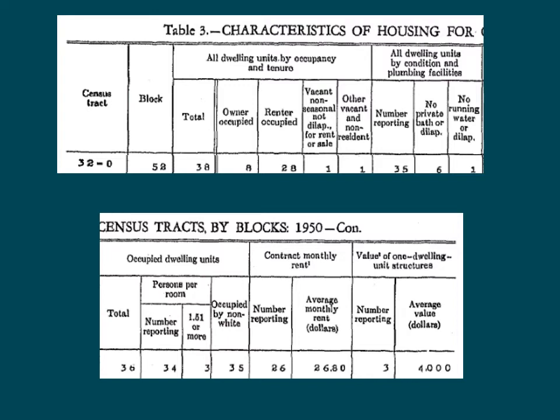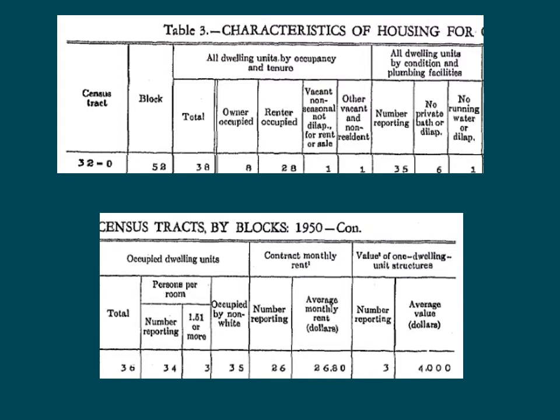If we look at the bottom, we have 38 units reporting, or at least 38 total number reporting of persons per room. I guess that 3 of them are considered overcrowded. And it looks like 35 of the 38 units were occupied by non-white population. Then we look at monthly rent, number reporting 26 people, so we're missing 2 there, and the average monthly rent was $26.80.